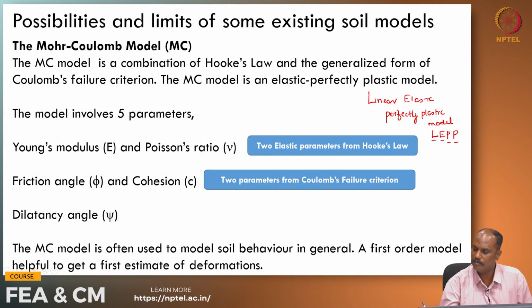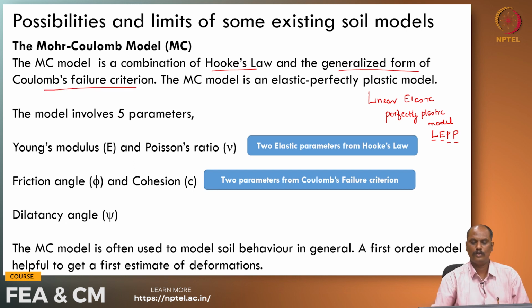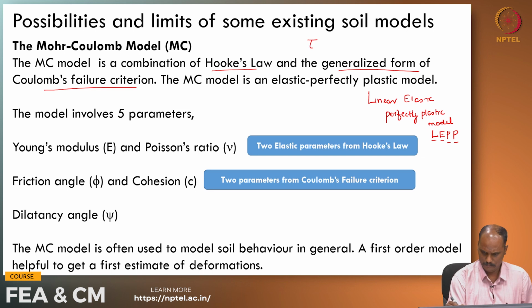This is one of the very famous models which has been practiced even today. It is basically a combination of Hooke's law, which we discussed previously, and the generalized form of Coulomb's failure criterion. So, this is a combination of Hooke's law plus Coulomb's failure criterion. We know the Mohr-Coulomb relationship, tau equal to c plus sigma tan phi.